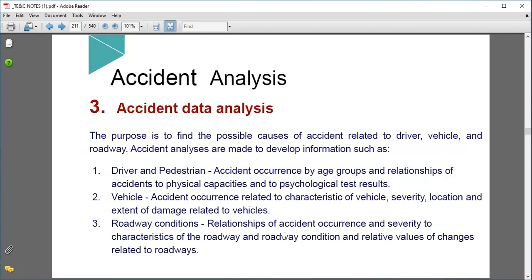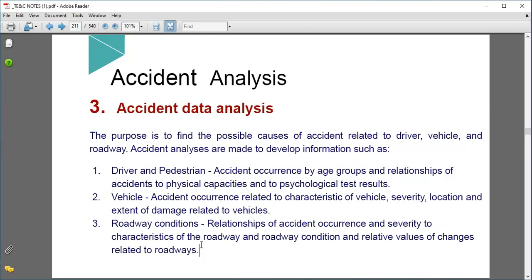In this way, we will collect the information about the accident, where the accident occurred, with the date, general information, number of vehicles, number of losses. All these parts we will consider here, and based on this we will collect the information and make the study analysis of the accident.